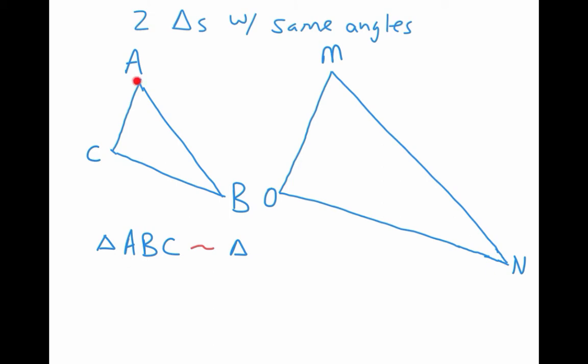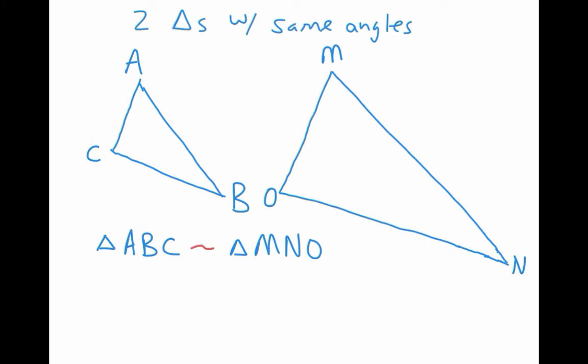So it has to be M, because angle A and angle M both have the same number of degrees, so I have to say triangle M. And then I did ABC, so I have to do MNO. So triangle MNO. I used capital letters for the vertices. Usually you'll see capitals for the angles or the corners, the vertices, and lowercase letters for the sides.